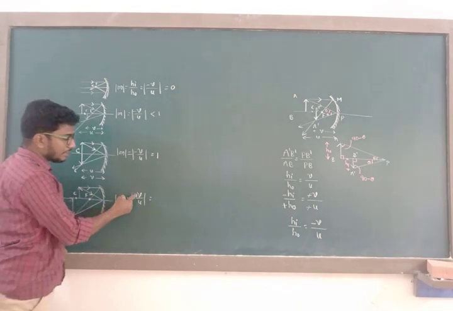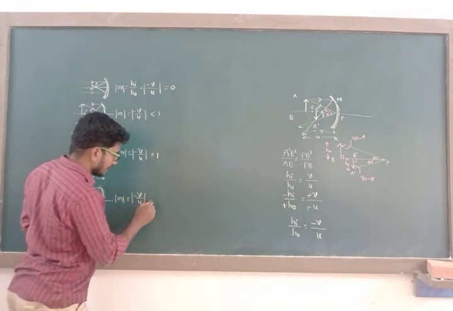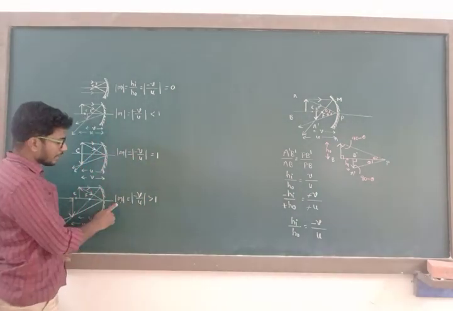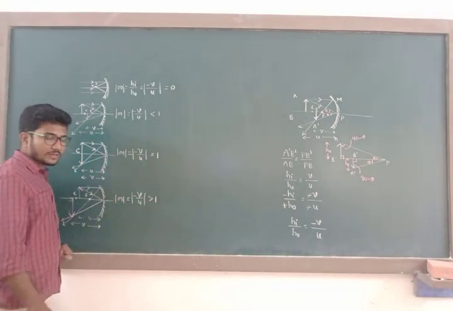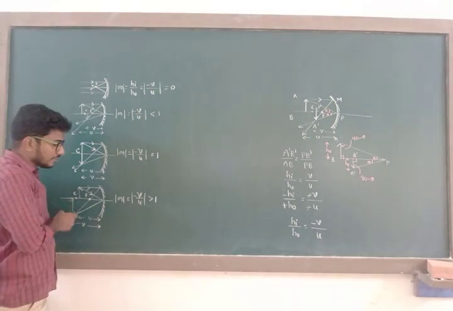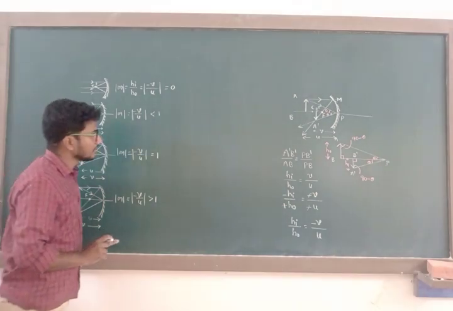Therefore, numerator value is greater than denominator value, and hence this ratio is greater than 1. The linear magnification is greater than 1, that represents the image is magnified, and this negative sign represents the image is real and inverted.